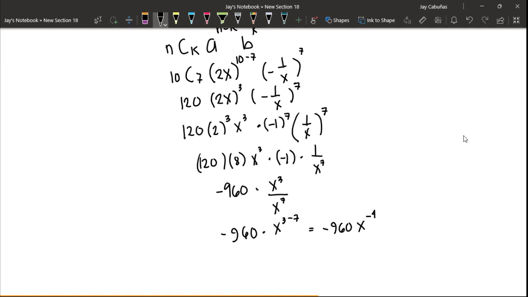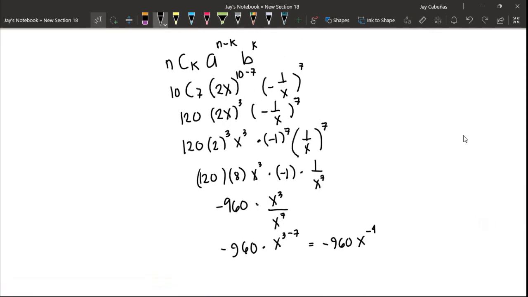So since we have a negative exponent, we eliminate the negative sign by positioning our x in the denominator. Okay, so we have our final negative 960 over x raised to the fourth. Now take note, what was asked is the coefficient. Again, coefficient is the number that does not involve any variable.